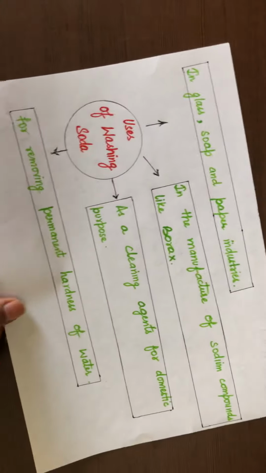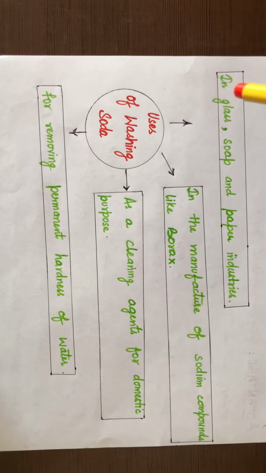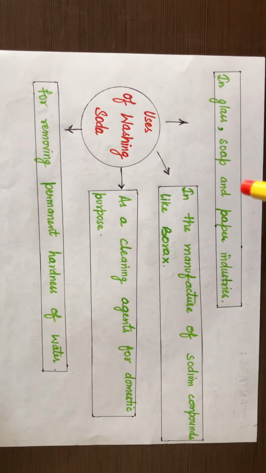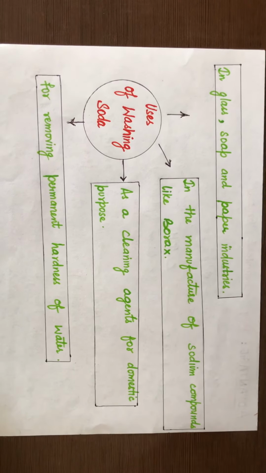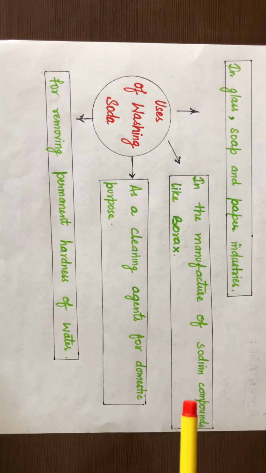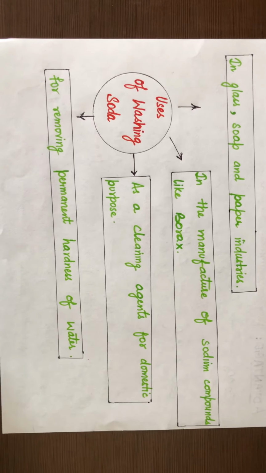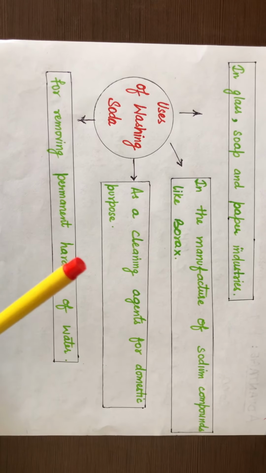Now there are many applications of this. First one is, it is used in the glass, soap and paper industry. It is also used in the manufacturing of sodium compounds, like borax, which is one of its sodium compounds, and it is used as a cleansing agent for domestic purposes.